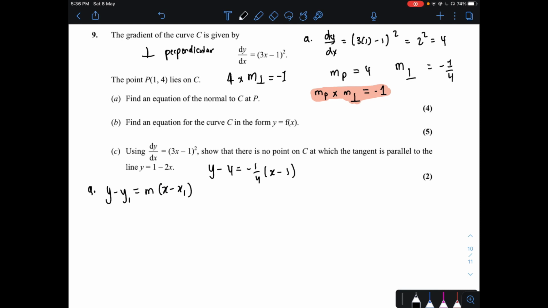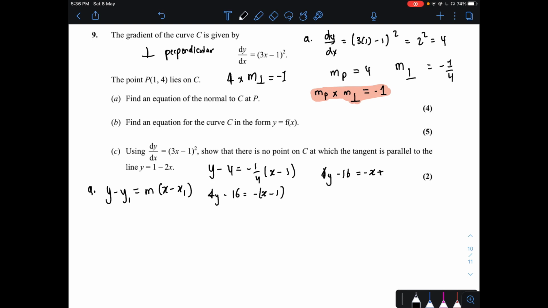Now you can do two things there. You can leave it as this, or you can times everything by 4, so that'll be easier. So 4y minus 16 equals minus (x minus 1). This becomes 4y minus 16 equals minus x plus 1.